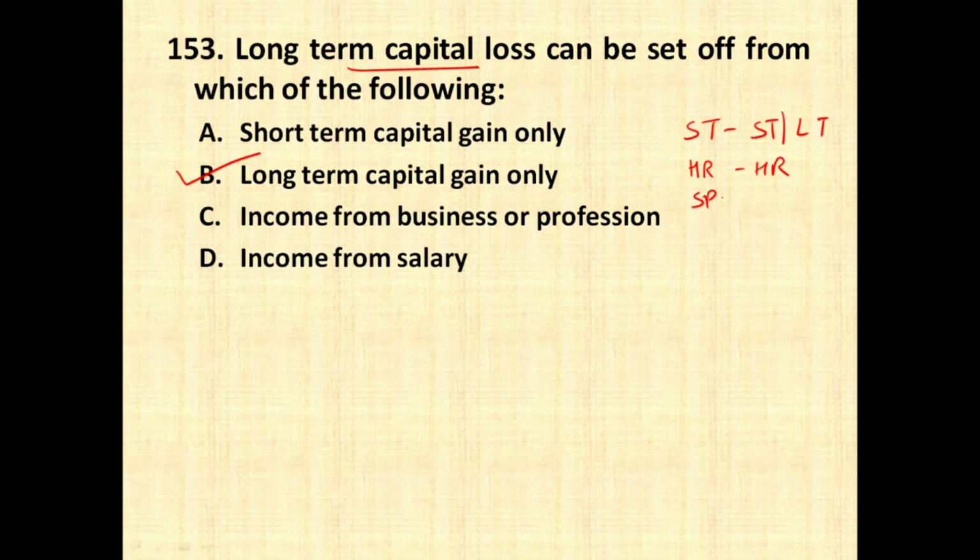Loss from speculation goes only with profit from speculation. Exempted income loss cannot be set off against any other income. For example, agriculture loss cannot be set off against any other income. Casual incomes like lottery, puzzles, etc. cannot be set off against any other income, and business and profession loss cannot be set off against income from salary.